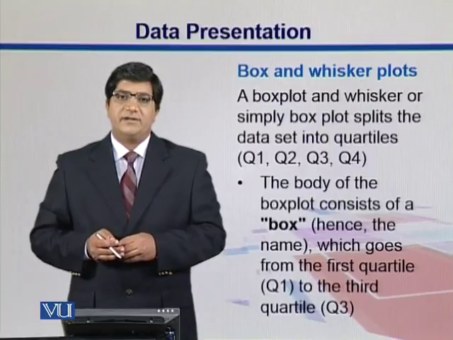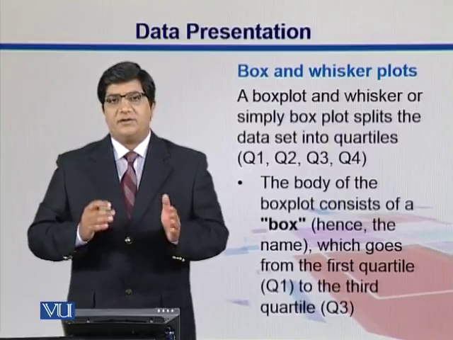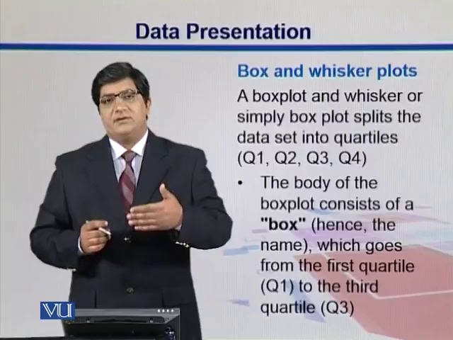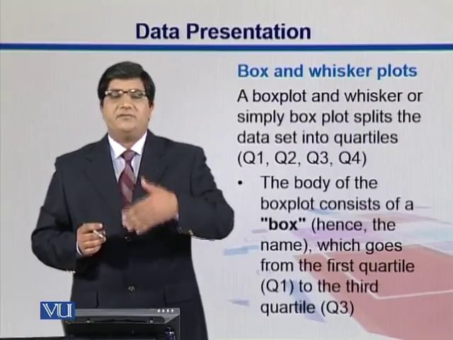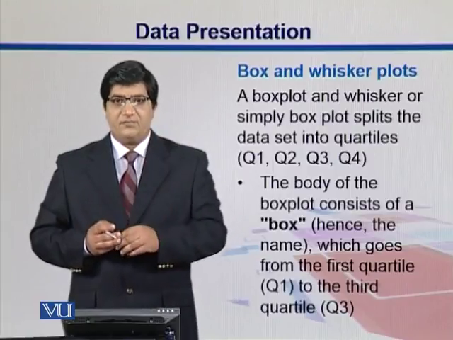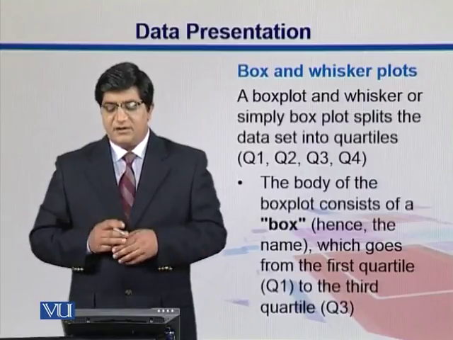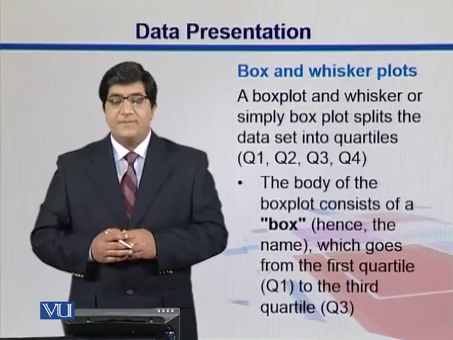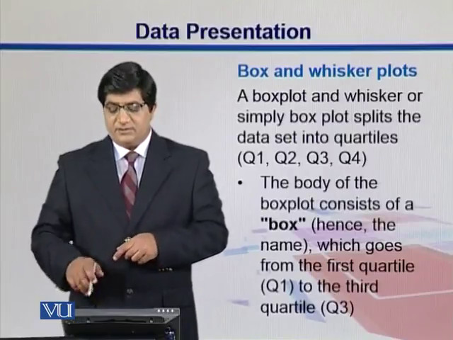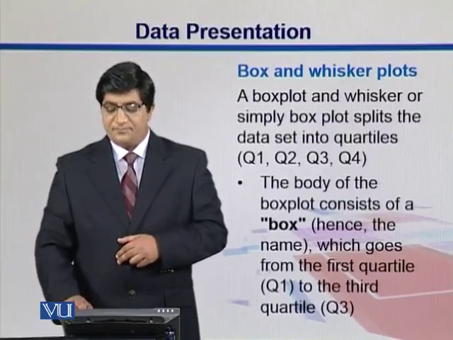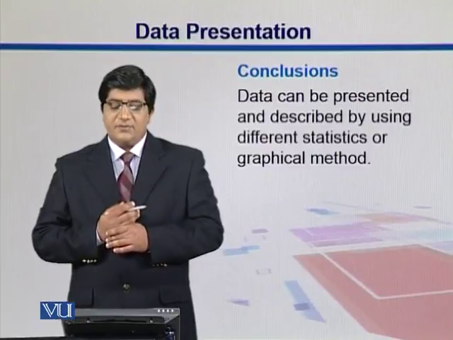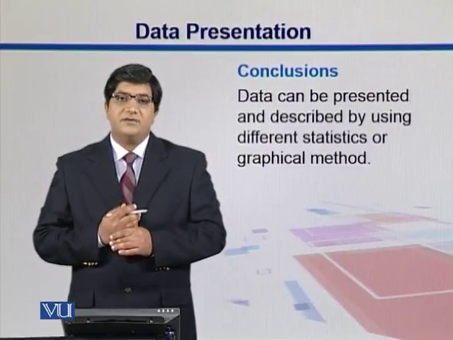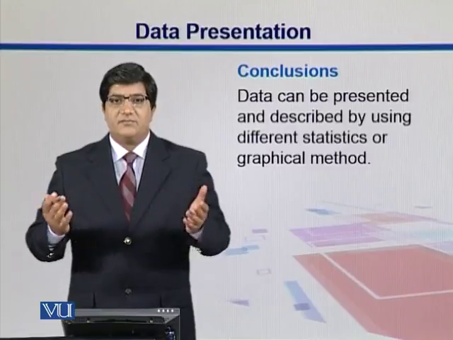So we divide the data into 4 groups: the lowermost, the lower middle, the upper middle, and finally the top one. That kind of representation is called a box and whisker plot. We will look into this arrangement in the next section. So our data can be presented by different summary statistics, or we can use different graphical objects.